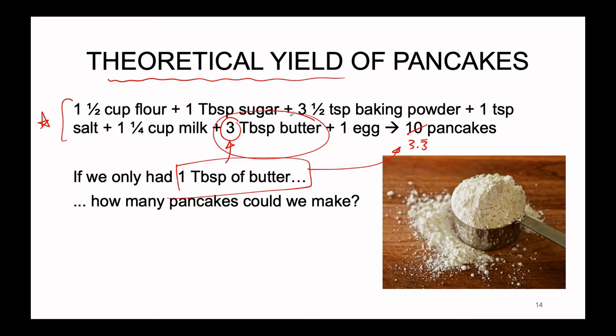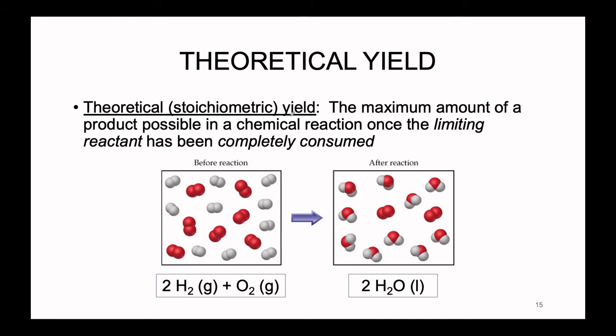This means that the theoretical yield, the amount at most we can make of our pancakes, is going to be 3.3. In a chemical sense, the theoretical yield, also known as the stoichiometric yield, is by definition the maximum amount we can make of a product once all of what is known as the limiting reactant has been completely used up.